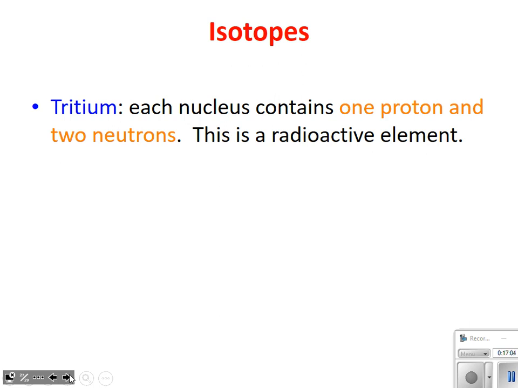Tritium is a radioactive element. So tritium is radioactive. So these three are all isotopes of hydrogen.